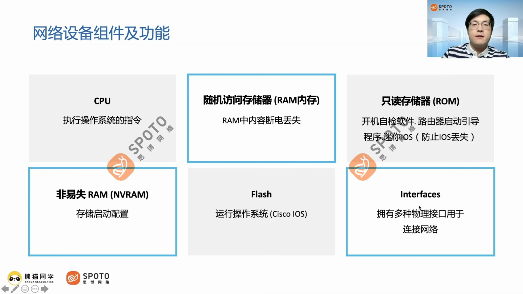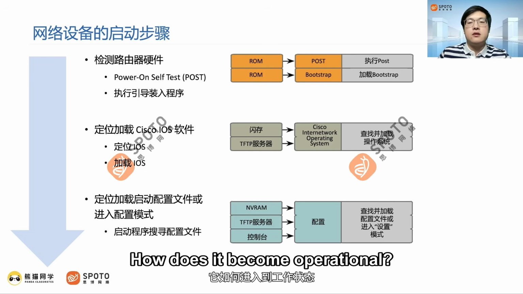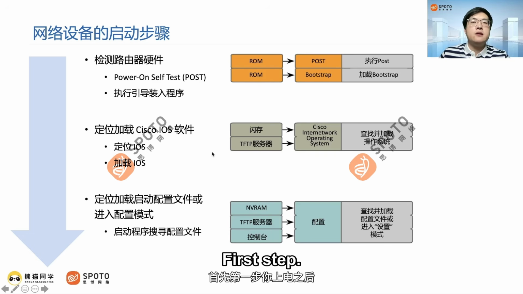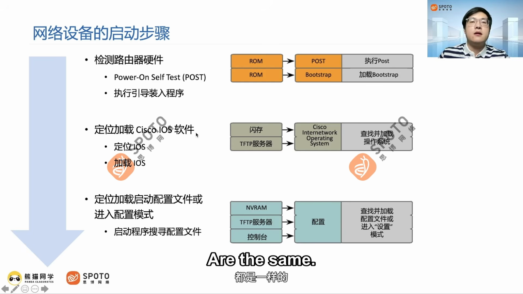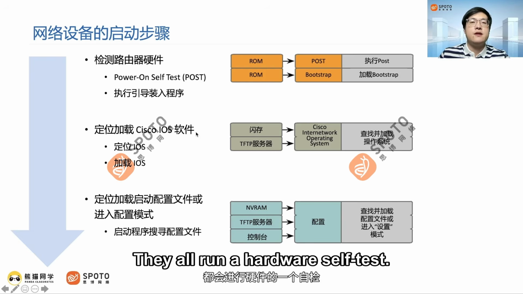Okay. So this device after being powered on, how does it become operational? These are its startup steps. First step. After powering on, all computers, including our network devices, are the same. They all perform a hardware check. They all run a hardware self-test.